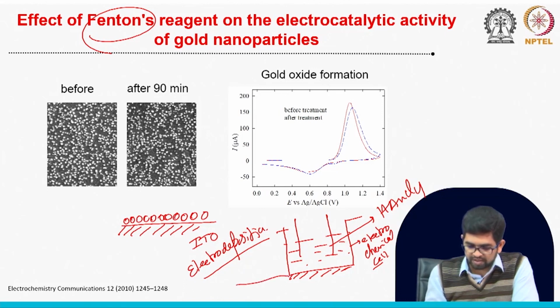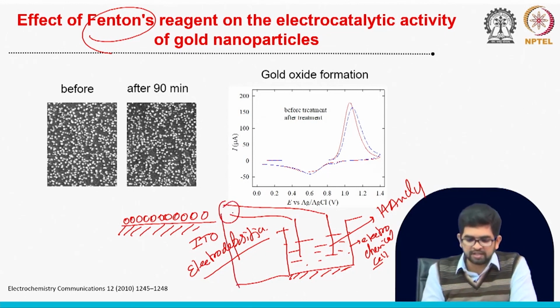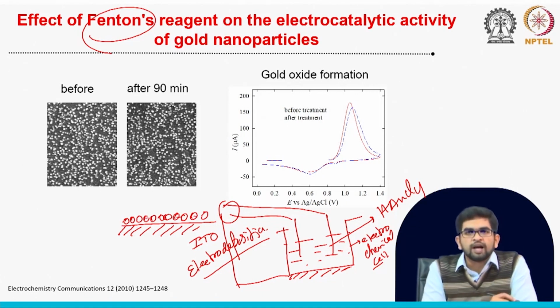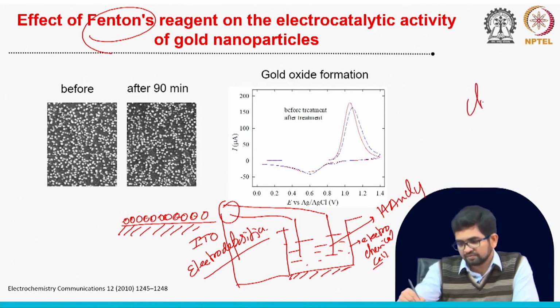Your working electrode should be connected with the potentiostat, and the reference and counter electrodes should also be connected to the potentiostat. Then you can apply some negative potential, or maybe a potential scan, and deposit the gold nanoparticles on the ITO electrode surface.